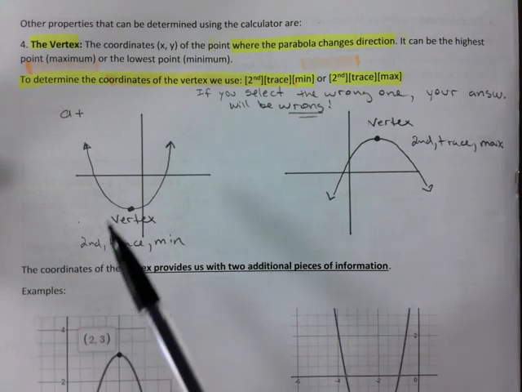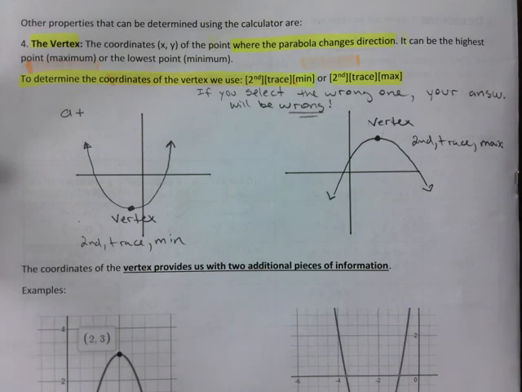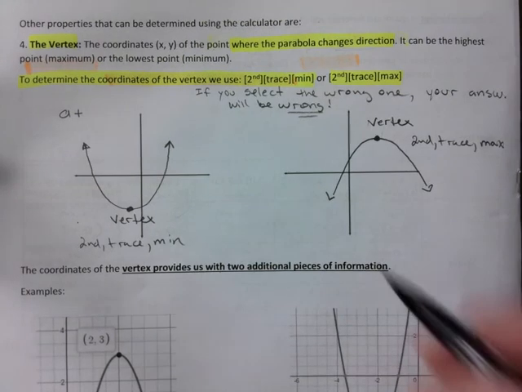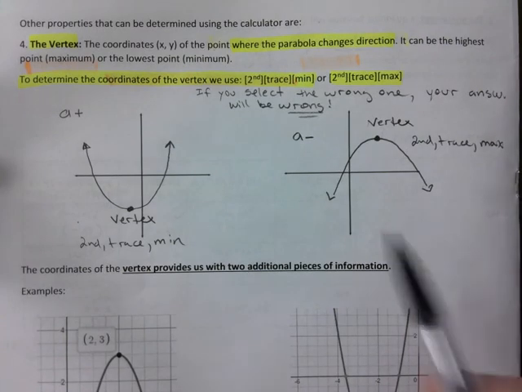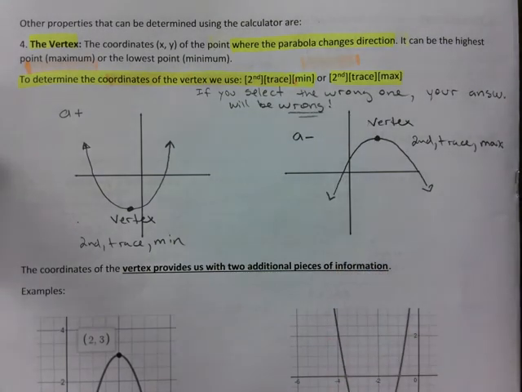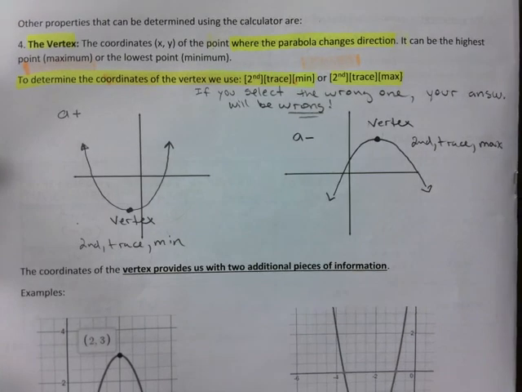So it's either in the valley or at the peak of the mountain. In this case, a is negative. You can either look at the graph or just look at the value of a and then you know which one to use. But you need to be able to see the graph anyway, so I like to refer to the graph more.